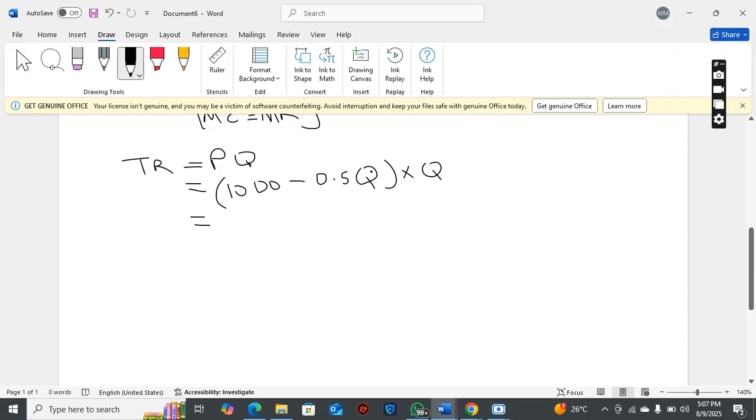So Q times 1000 gives 1000Q, and Q times negative 0.5 gives negative 0.5Q squared. Remember, marginal revenue is the derivative of the total revenue. So after that, you get your marginal revenue.